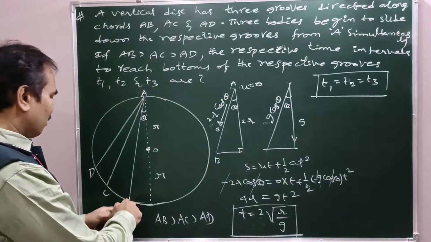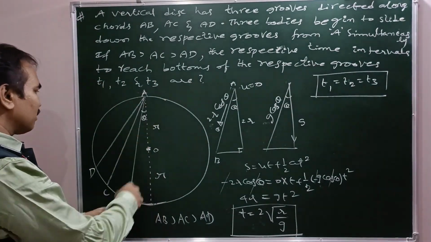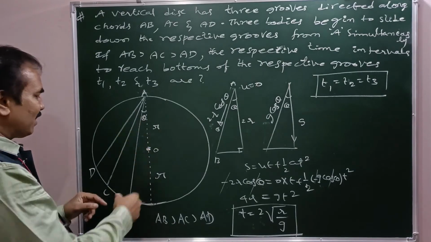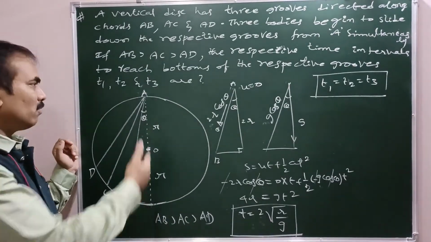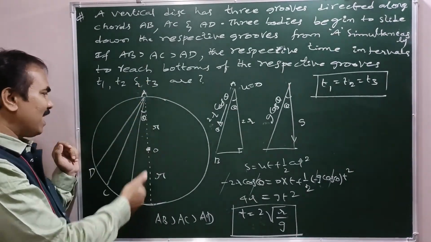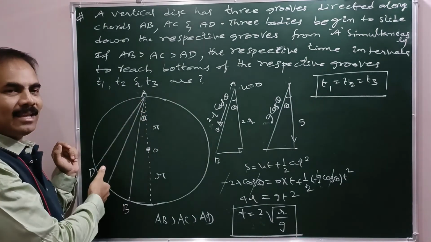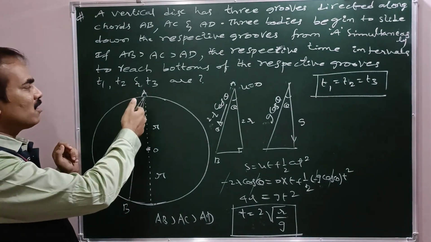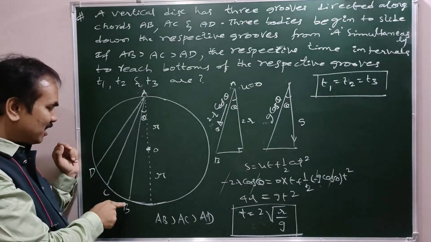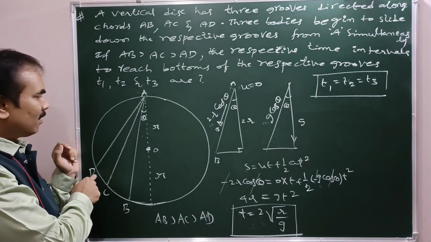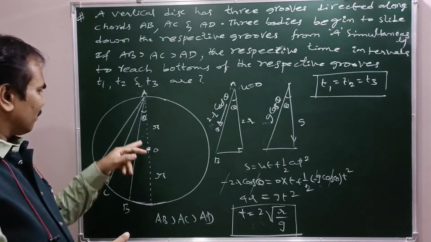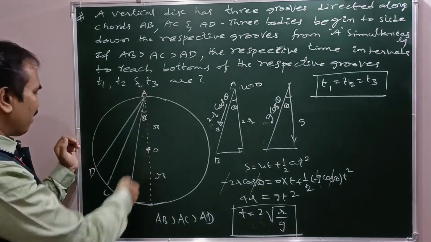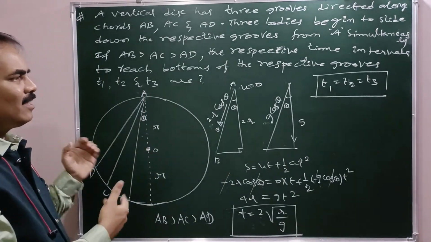Of course, there is some difference in chord lengths. Groove length or chord length AB is greater than AC, which is greater than AD. But still, all three balls reach their respective destinations B, C, D while sliding along grooves AB, AC, AD in the same time.